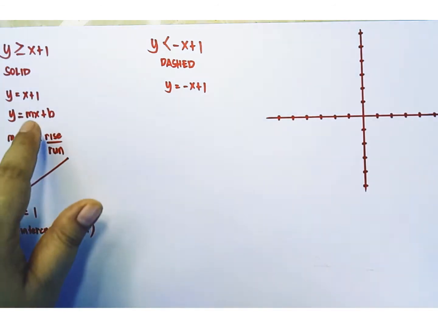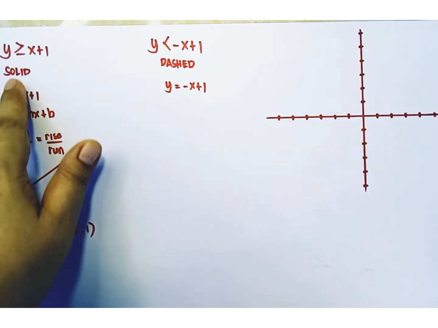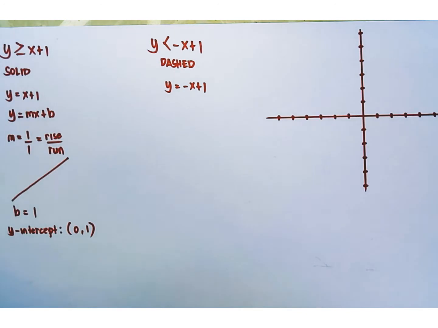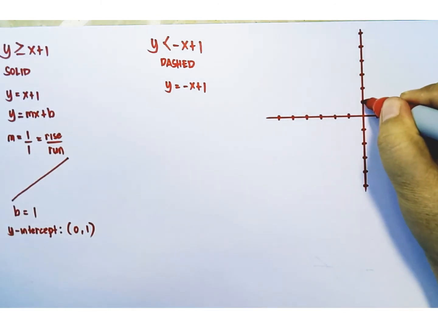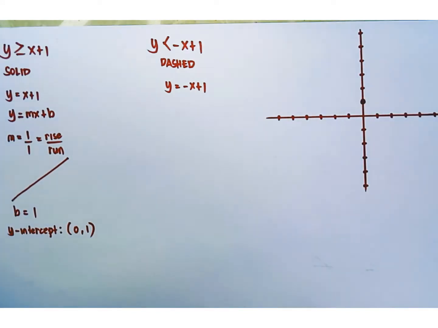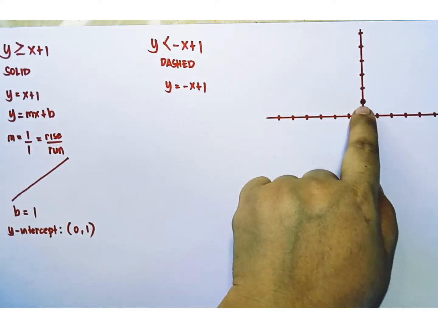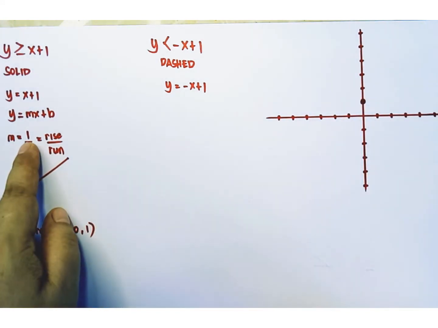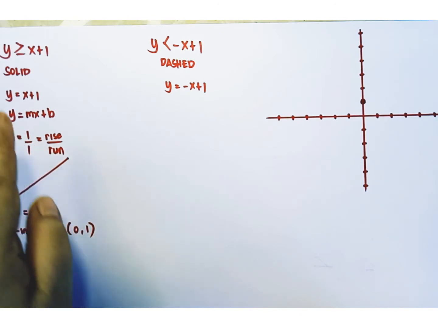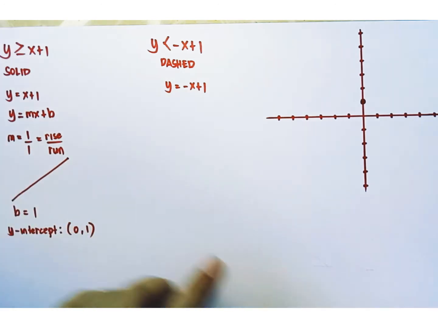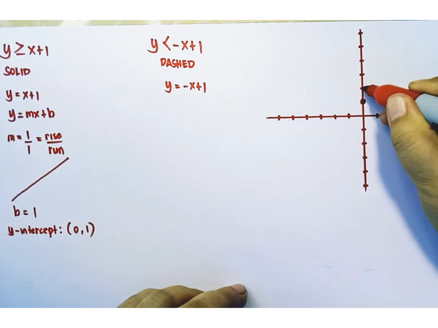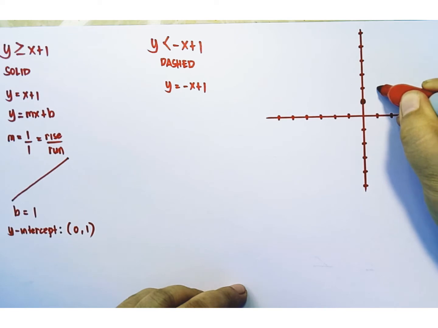Let's use this information to sketch our solid borderline for the first inequality. First, plot the y-intercept. This is a point on the y-axis. And from this y-intercept, we move 1 unit upward and move 1 unit to the right. 1 rise, 1 run.